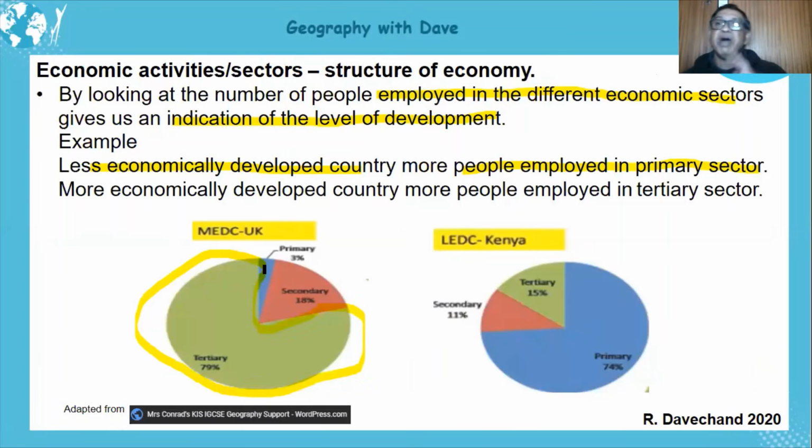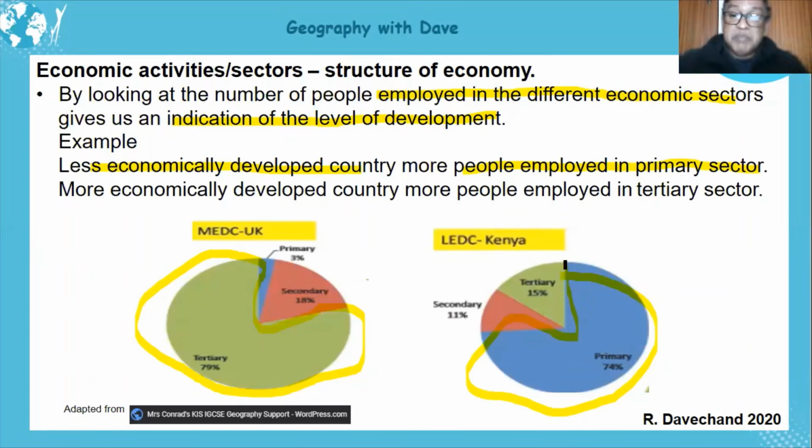So there's not much exports of processed goods. You understand, raw materials may be exported because most people are employed in the, I do apologize for that. What am I looking at here? I'm looking at this one and not the UK. My apologies. I'm looking at Kenya here. Most of them are employed in the primary sector. But look at the UK. Let's get back to this one.